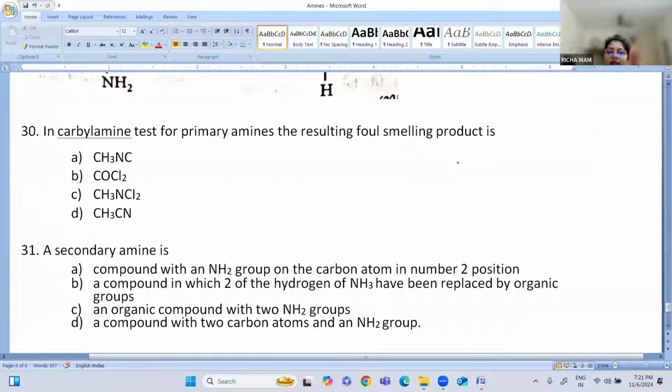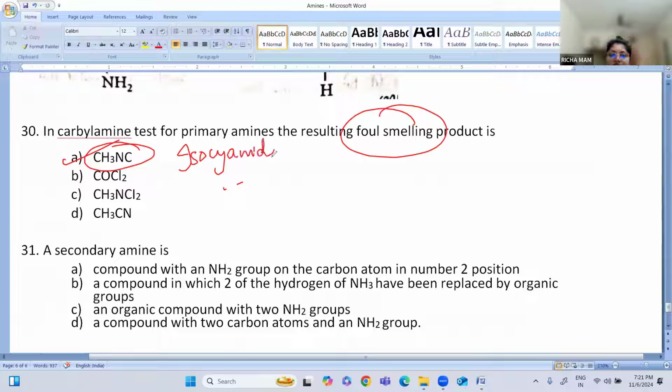In the carbylamine test for primary amines, the resulting foul smelling product, you get a very bad smell. So why do you get that smell? The foul smell is due to the formation of isocyanides, that is CH3NC.